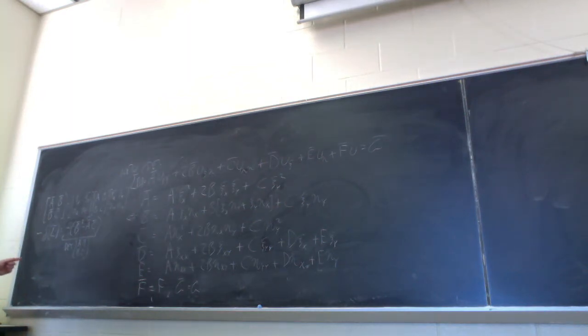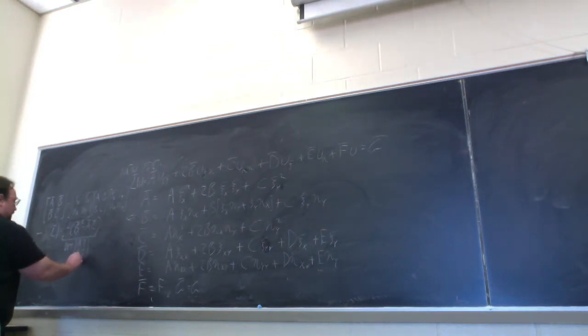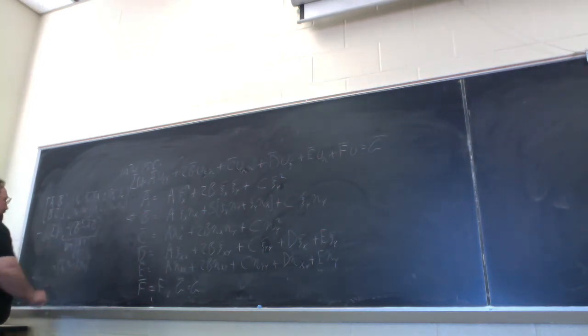Now, here I have this matrix expressed as a product. How do I get the determinant of a product of matrices? For those who know linear algebra. Yeah, you multiply the determinants. So that's going to be ξx ηy minus ξy ηx, and this one too, so we square that.